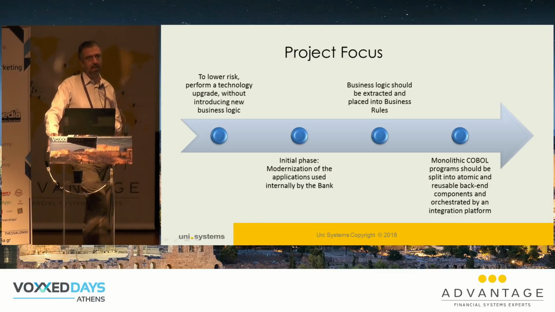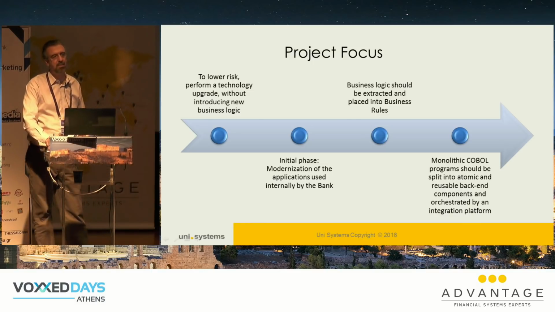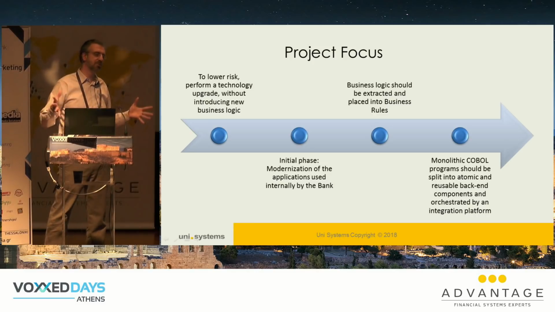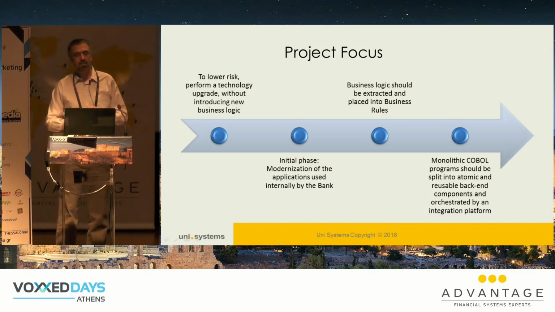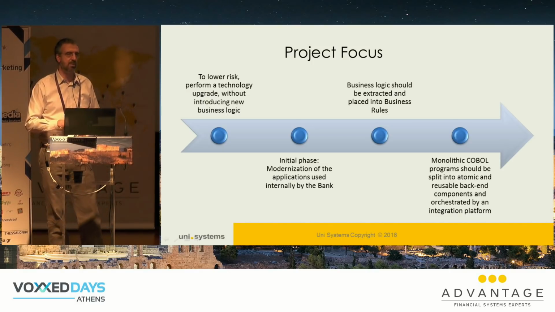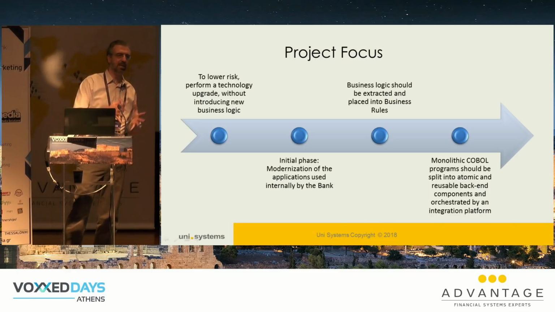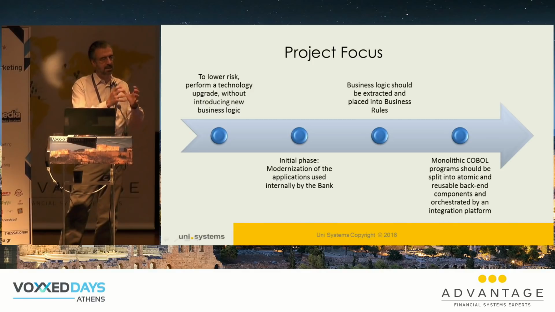Also, the goal of the bank is to establish something that can be used by all the channels. So we're talking about internal employees, people at the branches and headquarters, but also customers, okay? Mobile banking, e-banking, stuff like that. Again, they said, okay, let's keep it a little bit smaller.